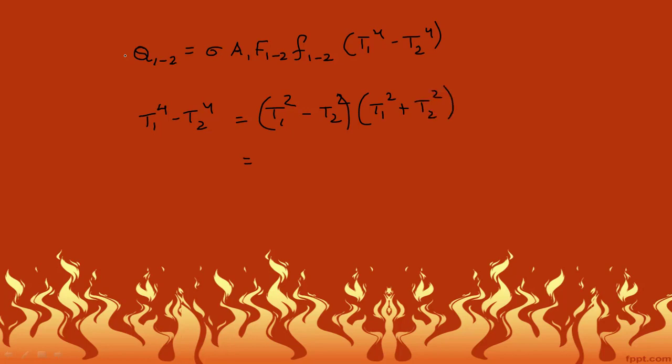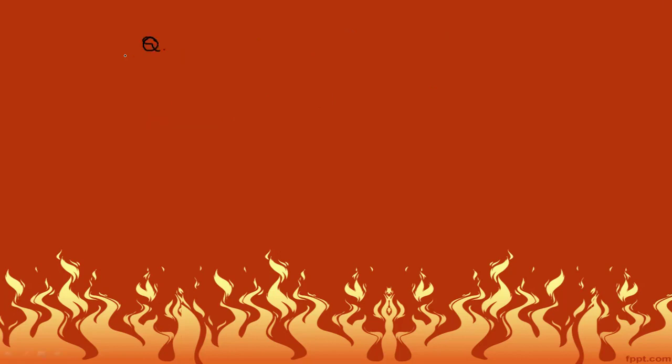And we can also split this like this: T1 minus T2 into T1 plus T2 multiplied by T1 square plus T2 square. So finally this equation becomes Q1 to 2 is equal to sigma A1 capital F1 to 2 small f1 to 2 into T1 minus T2 into T1 plus T2 multiplied by T1 square plus T2 square.